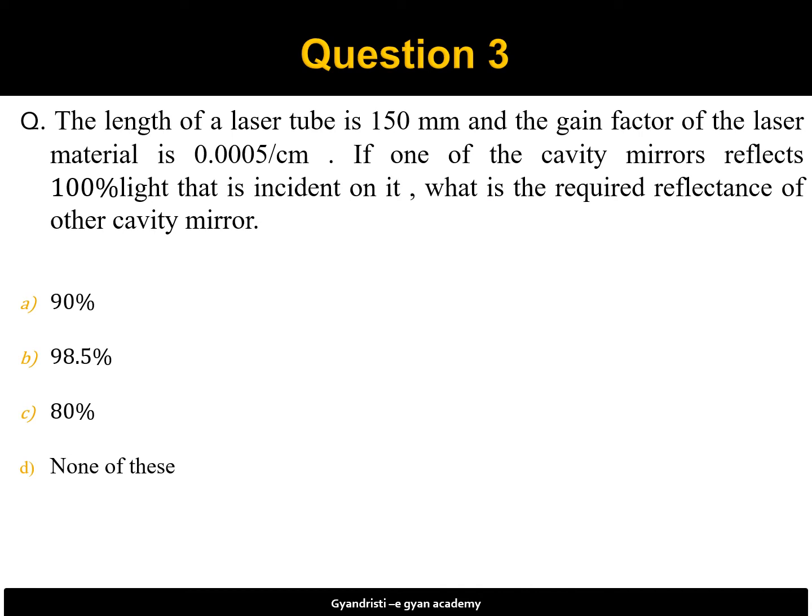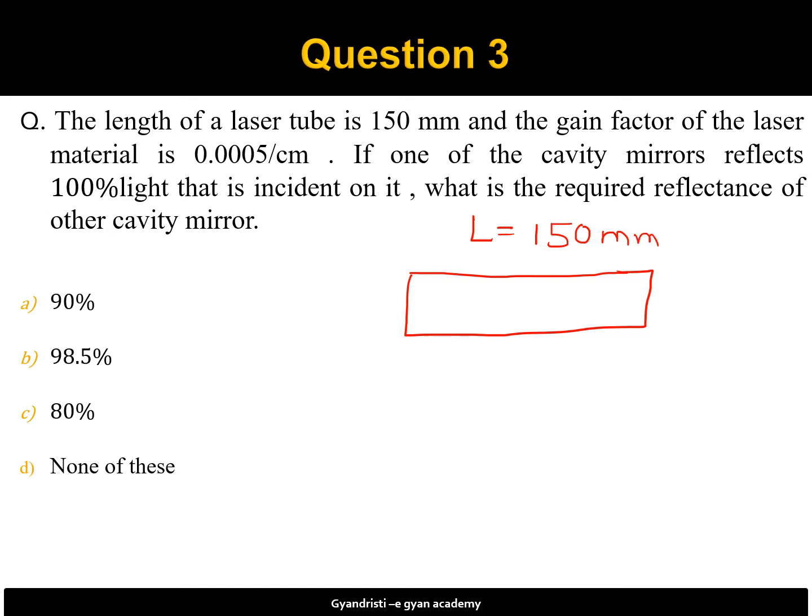Question number 3 asks: the length of a laser tube is 150 mm and the gain factor of the laser material is 0.0005 per centimeter. If one of the cavity mirrors reflects 100% of light that is incident on it, what is the required reflectance of the other cavity mirror? So in this problem it is given that there is a cavity of length L equal to 150 mm.